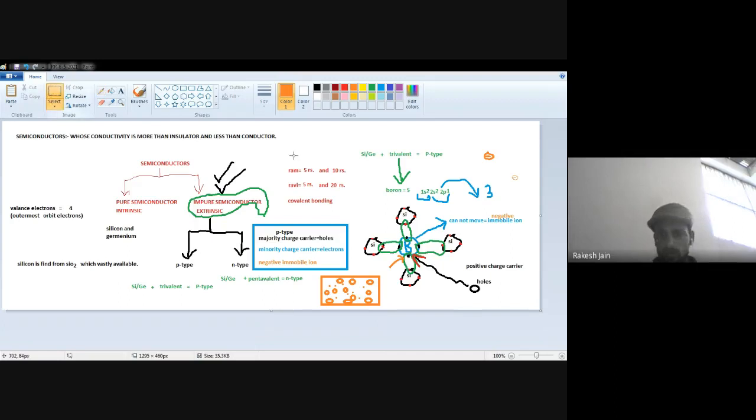Now we have to draw these in the box. In small quantity, negative immobile ions should be there.